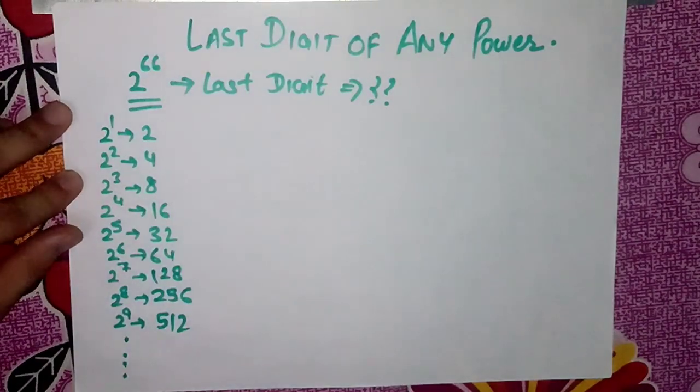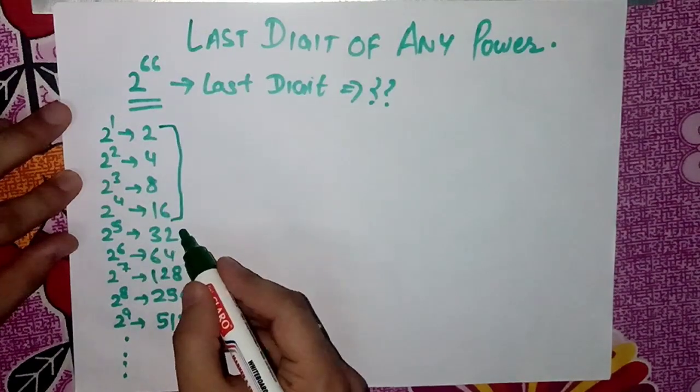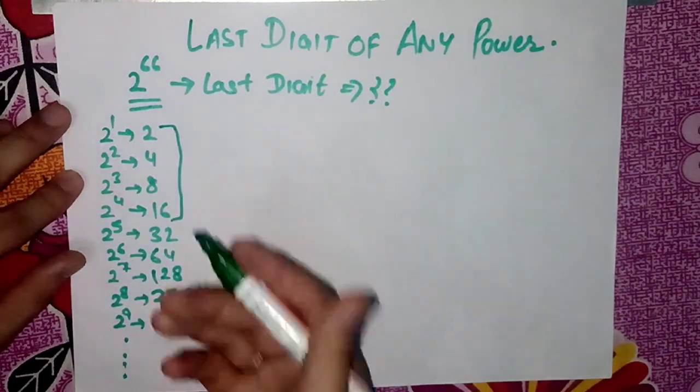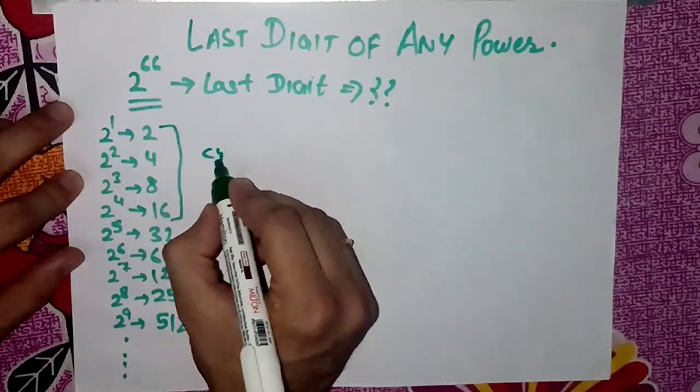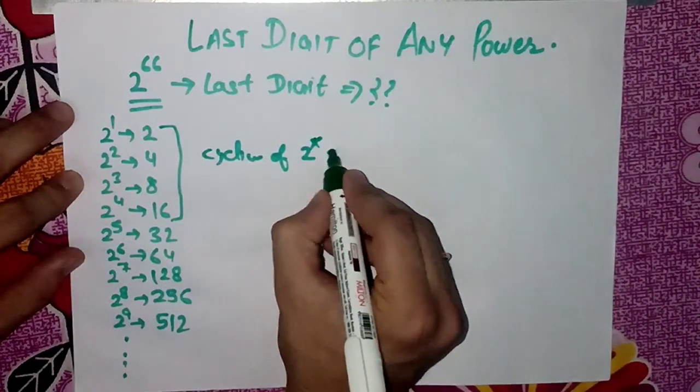In this calculation you see that the last digit 2 repeats after every 4 steps. So we can say the cyclicity of 2 is 4.